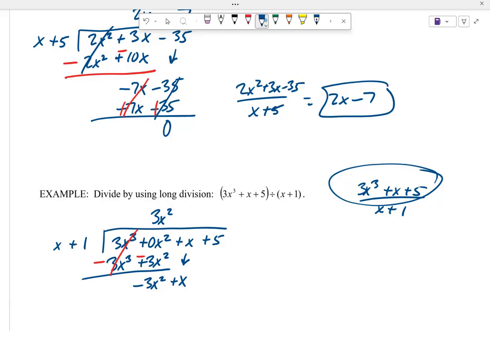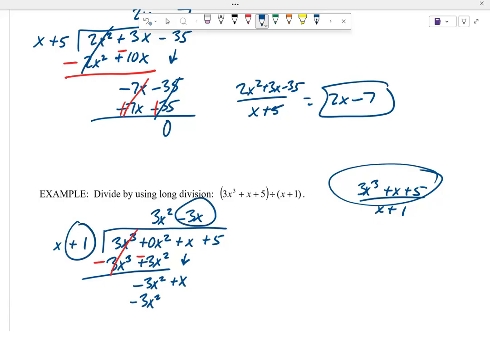And now I'm thinking to myself, what times x gives me negative 3x squared? Or you can go backwards and just divide negative 3x squared divided by x, and it tells you that would be negative 3x. So minus 3x. Now let's multiply it through. Negative 3x times x is negative 3x squared.